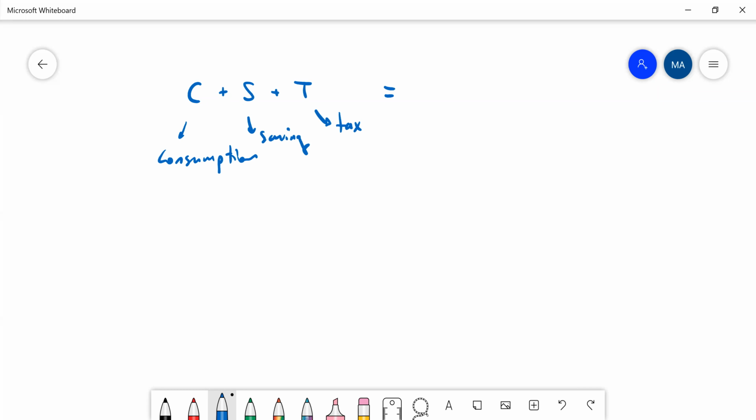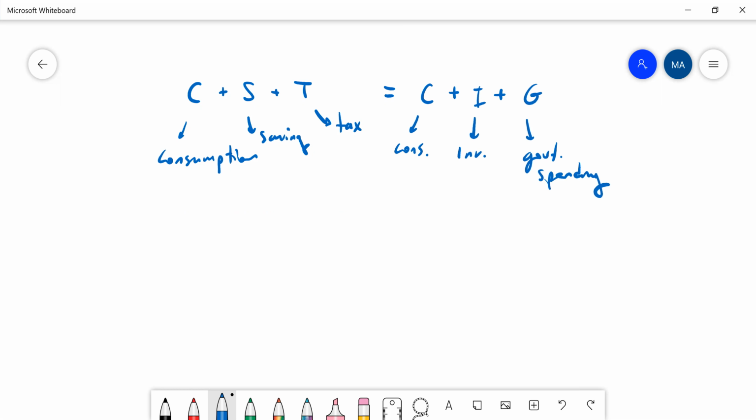This must be equal to what? Now, this is total income, right? This must be equal to, in a closed economy, total expenditure. Again, this is consumption. Now this is investment.